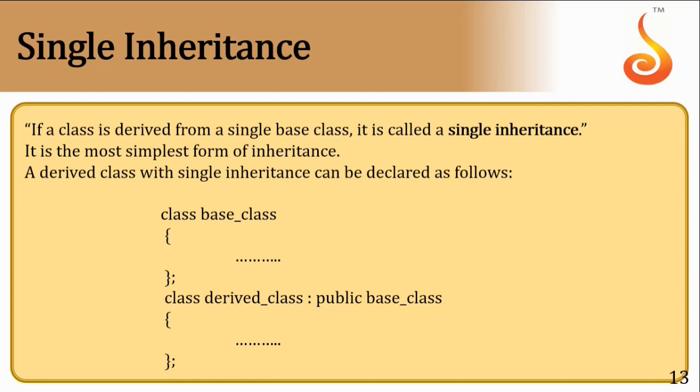So class is a keyword here, base class is not a keyword. You can give any name to your base class, and since this is the general syntax, we are writing it as base class only. Class, base class, inside that you will have the private, protected and public data, and then a class has to be terminated by a semicolon.